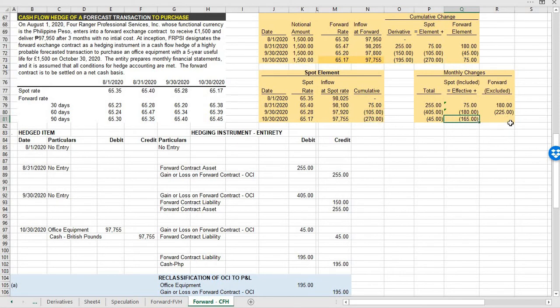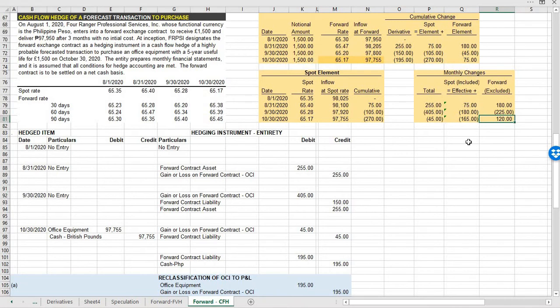So, ang ating forward element naman is 120 positive. Bakit siya positive? Kasi yan ay na-compute as 75 minus negative 45. So, positive 120. O kaya naman, negative 45 minus negative 165. That is 120.